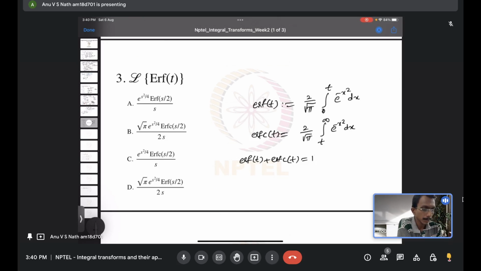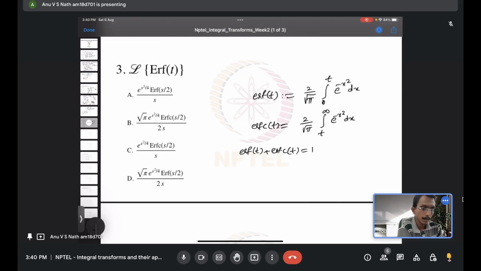So we just want to evaluate its Laplace transform. I suggest not using the basic definition of Laplace transform here. Try to use some property of Laplace transform, that's what is going to help.